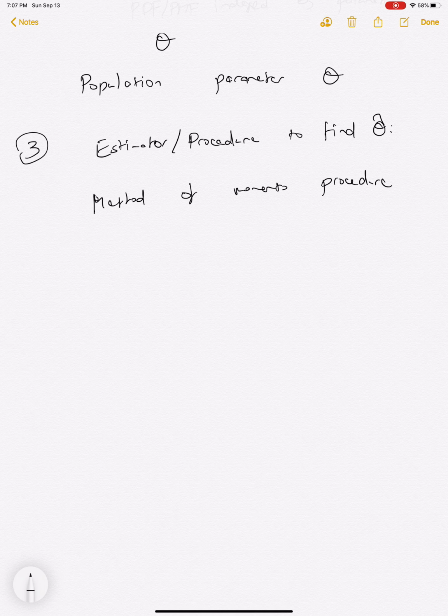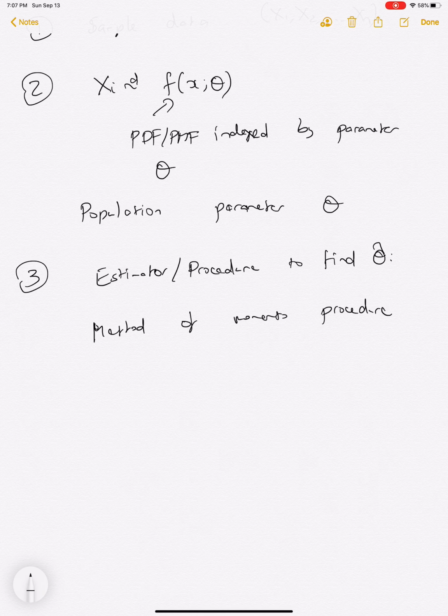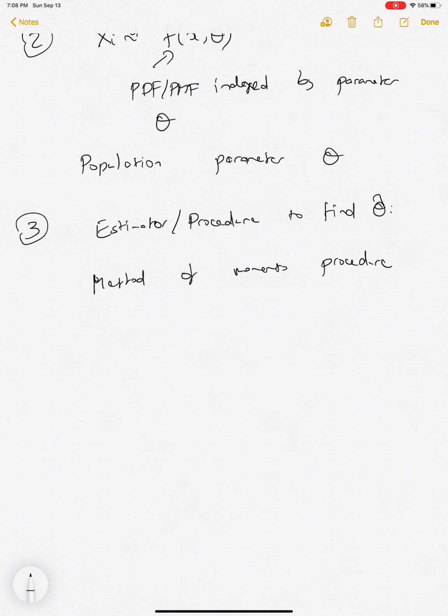So in the context of our general framework, the last 20-30 minutes is really focused on this third step of finding an estimator for a general theta. And we've been through that basic idea of using the relationship between theta and the PMF or PDF or the mean in the population and translating that over to the sample.